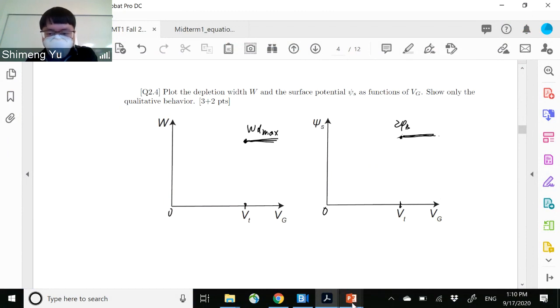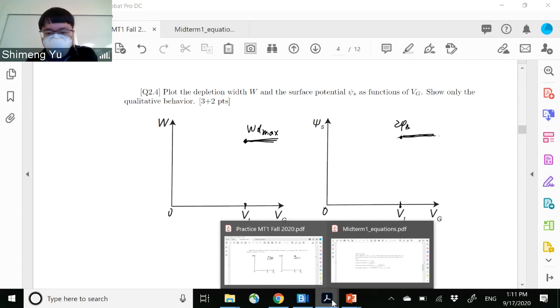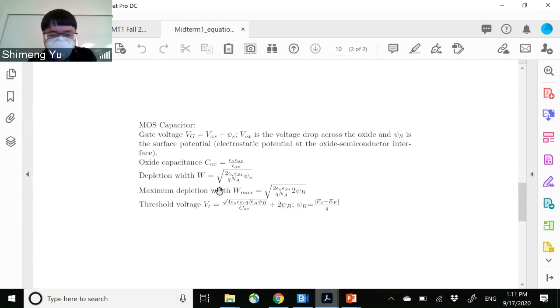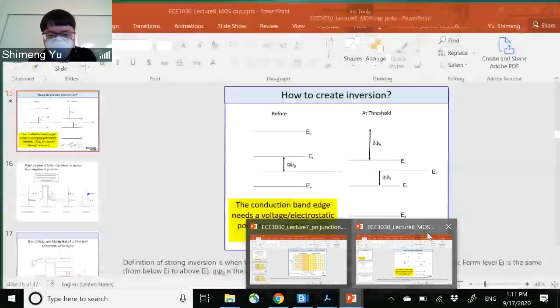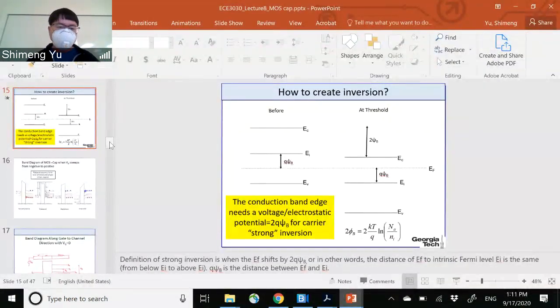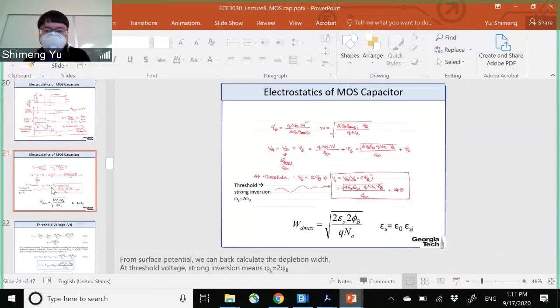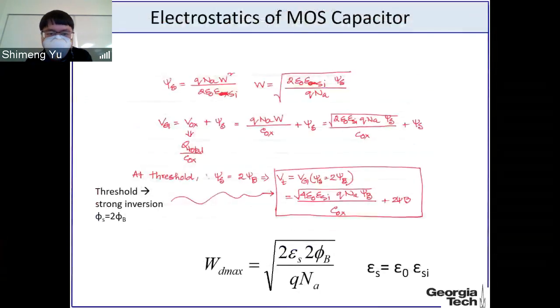So this part we need to look at the equations a little bit. So here I think the equations tell you, let's go back maybe to the lecture 8. So here when we derive the gate voltage as a function of the phi s and W, we have this equation here. And then if we replace W as a function of phi s, then we have this square root.